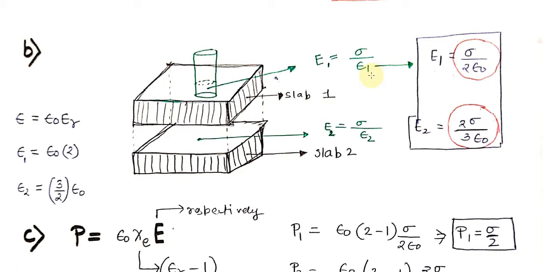So if we need to find the permittivity of a medium, we can just multiply the dielectric constant of the medium times epsilon naught, the permittivity of free space. So in slab 1, E1 can be written as sigma upon epsilon 1, and since we know the value of the dielectric constant, we can easily find the electric fields in both the slabs by using this relation. E1 is sigma upon 2 epsilon naught and E2 is sigma upon 3 by 2 epsilon naught according to the problem.